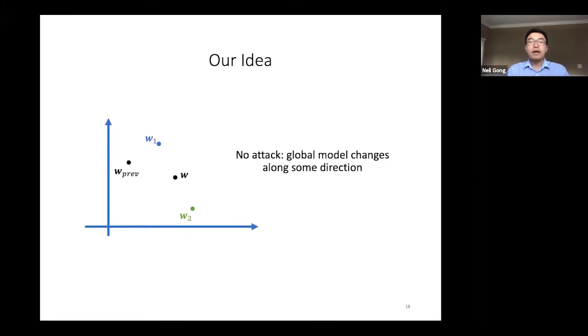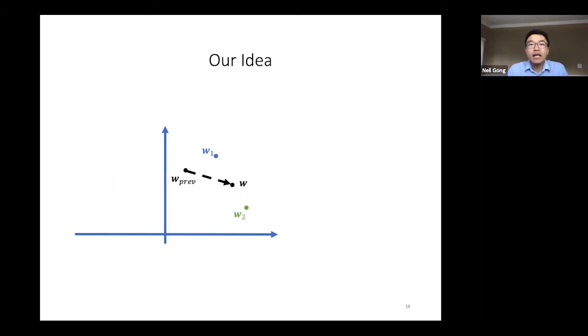When there are no attacks, the global model changes along some direction like this in two consecutive iterations. Our attack idea is to deviate the global model the most along the inverse of this direction. For instance, in this example, we aim to deviate the global model W to be W prime.